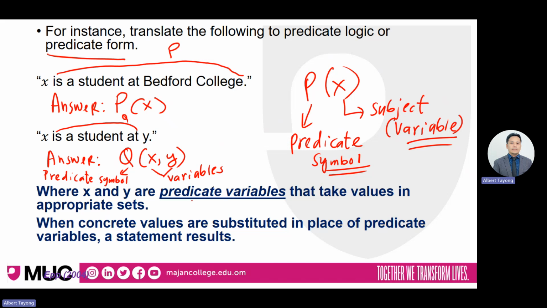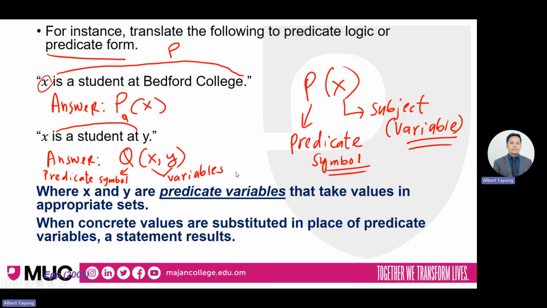So X and Y are predicate variables that take values in appropriate sets. So X here now could be any student at Bedford College. It could be James, it could be Ahmed. So that's the difference.